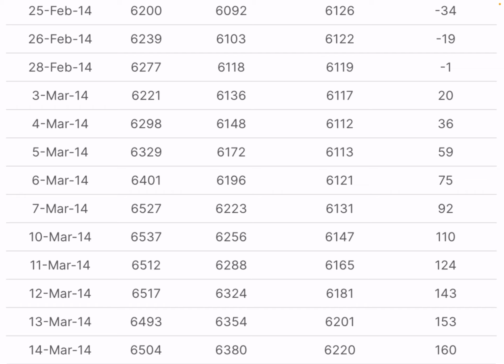Under what circumstances do you think the 12-day EMA will be greater than the 26-day EMA? Well, we had looked into this in the moving average chapter. The short term average will generally be higher than the long term average only when the stock price trends upward.